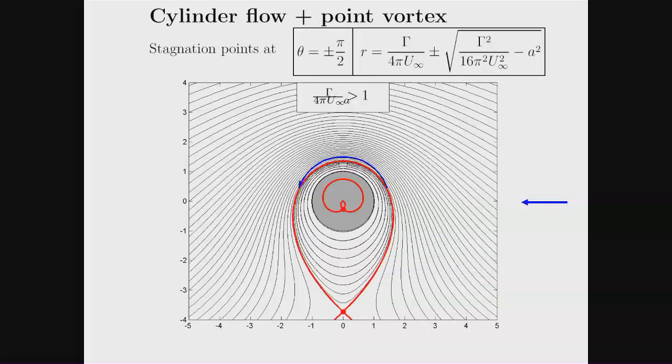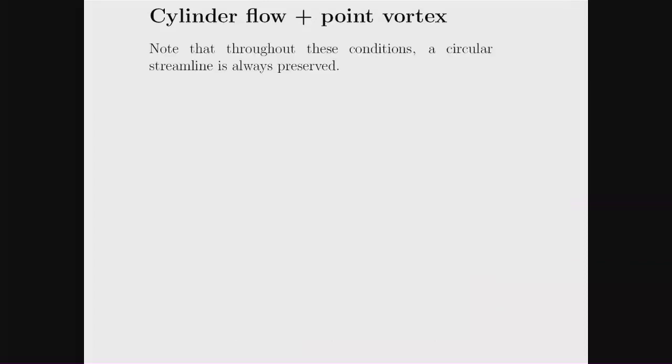But in the regions near to your doublet and your potential vortex, you're going to get these quite interesting streamlines. Note that throughout this condition, a circular streamline is always preserved.